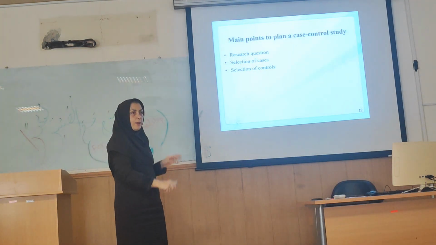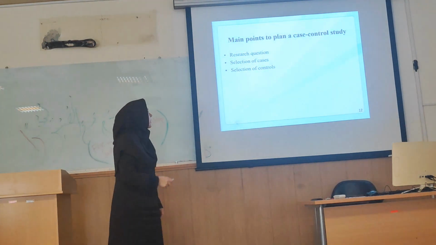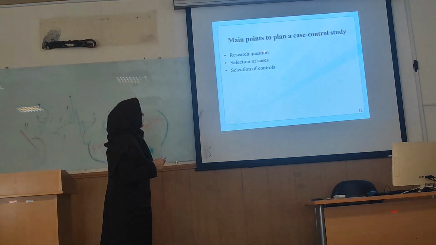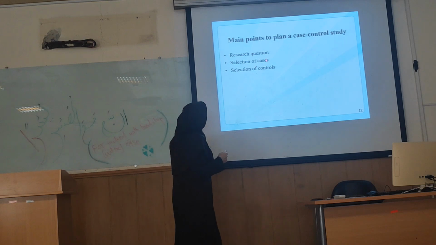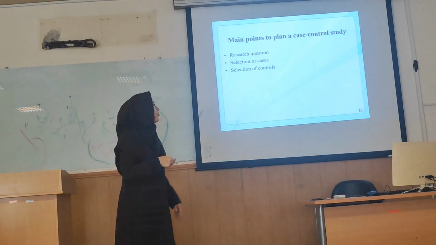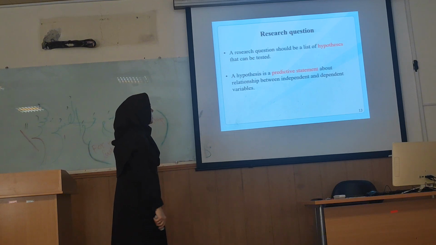But how about case control study? We should prepare our research question. We should select the cases and we should select the controls. But how? We are going to review these important points.